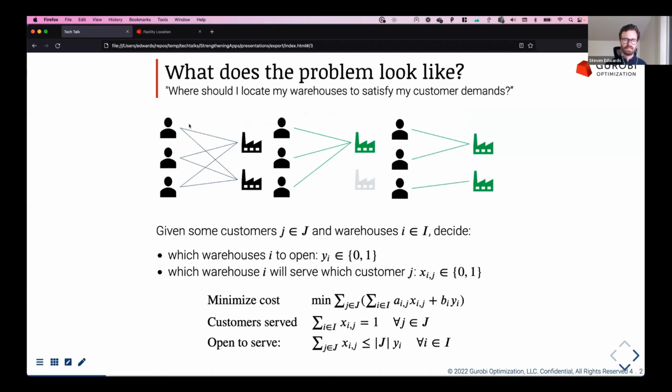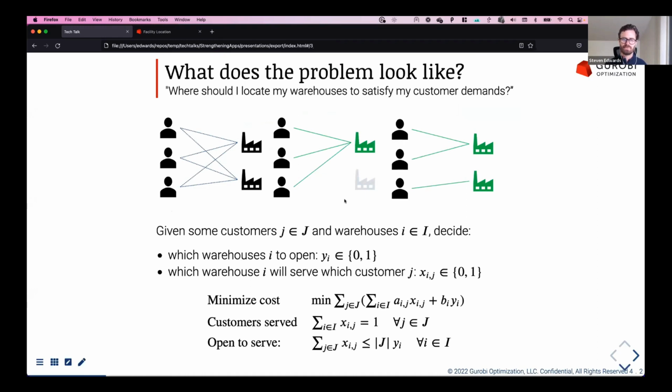So if we look at this image in the top left-hand corner, we can see that the problem can be described with respect to a bipartite graph, where you have a whole lot of customers on one side and possible facility locations on another. And the question is, which of the facilities will you open, and how do you direct your customers to which of the facilities?